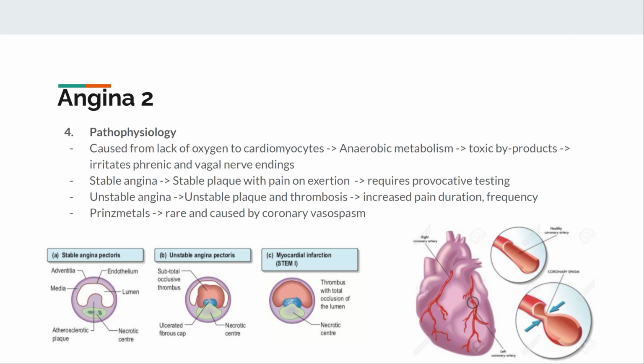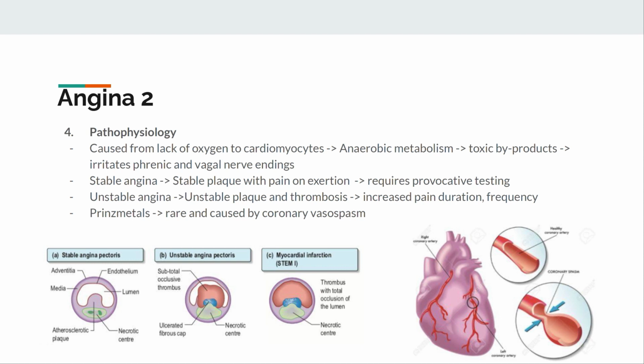And you can see here that you've started to get quite a large thrombus forming. Obviously, because there's such a large occlusion inside the blood vessel, it's going to cause some more severe symptoms if this was in the heart, for example. And so you can see why unstable angina is much worse than stable angina.